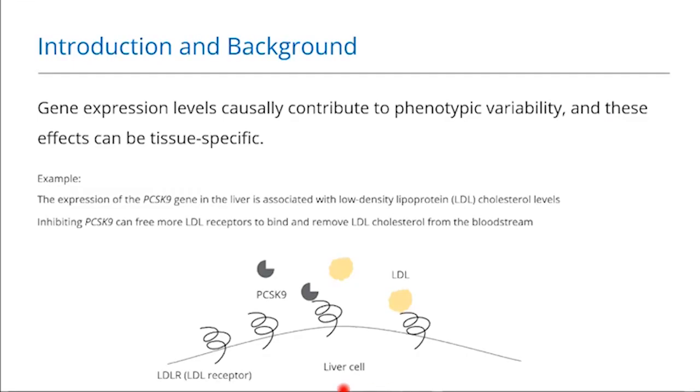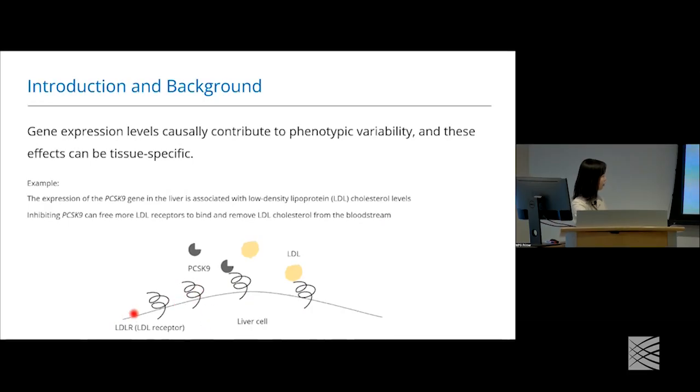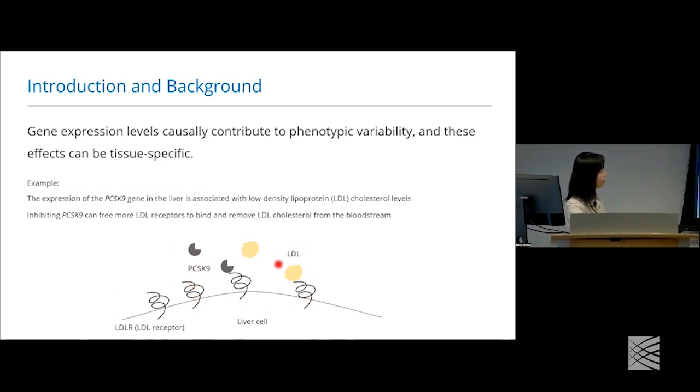So, for example, here in liver cells, there are some LDL receptors on the membrane, which is responsible for binding with LDL cholesterol and taking it into the cell, so that can reduce the level of LDL cholesterol in the blood. So there's another protein encoded by the PCSK9 gene, which can also bind with LDL receptors.